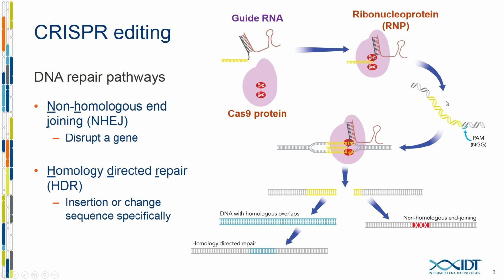occurs. For Cas9 nuclease, which is what I'll be referring to today, that's typically a 20 base protospacer sequence, and those 20 bases are immediately upstream of a motif NGG. That's commonly referred to as the PAM site, or protospacer adjacent motif.